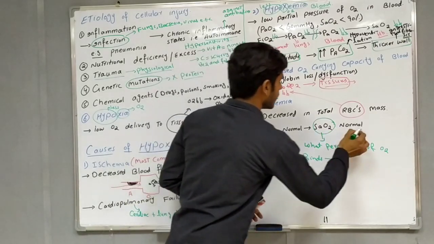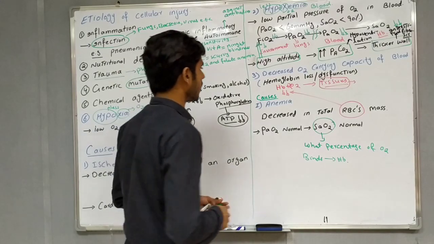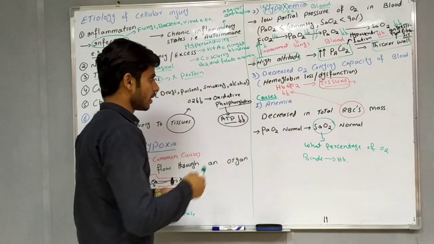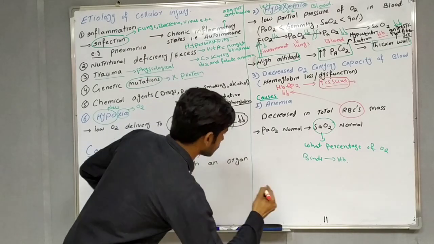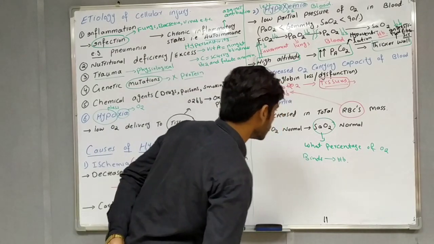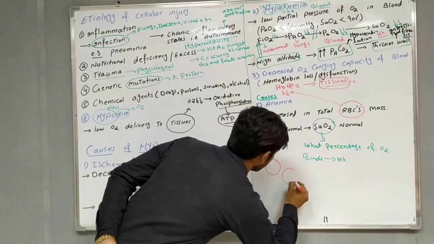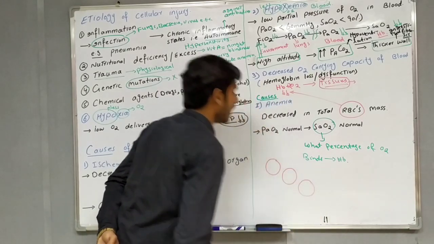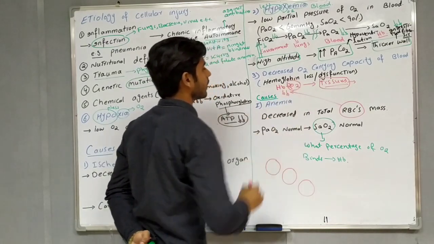This is normal, but there is also anemia, a hypoxia with decreased carrying capacity of blood. Look at this. Let's suppose there are 3 molecules of hemoglobin, and each molecule carries 4 atoms of oxygen.